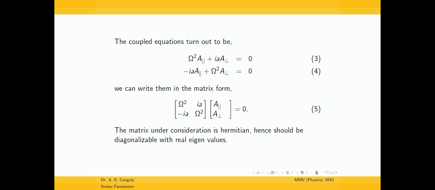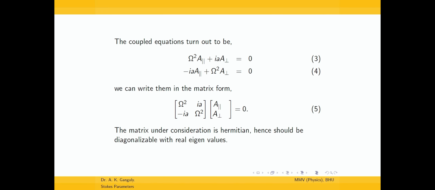So, each one of these two eigenvalues of the matrix, after this diagonalization, will give us two dispersion relations for each one of these modes, and their solution would represent the propagation of vibration into different normal modes.